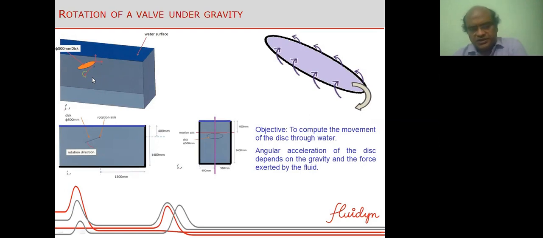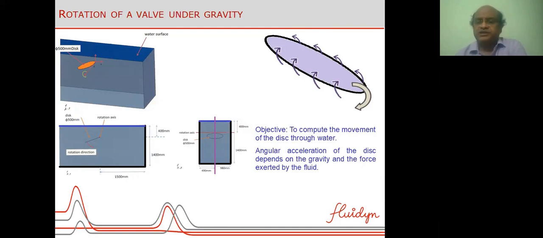The movement of such structures through the water affects the behavior of such heavy valves. These are very heavy metallic valves. So the angular acceleration of the disc, which is hinged here, depends on gravity. That is one force acting in the downward direction.